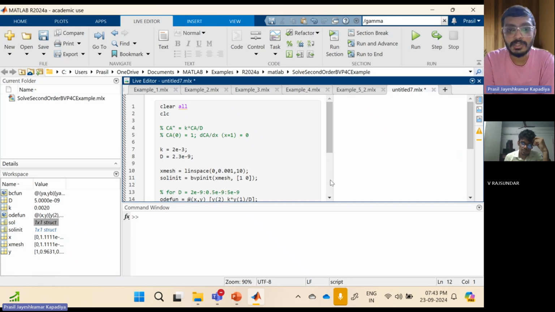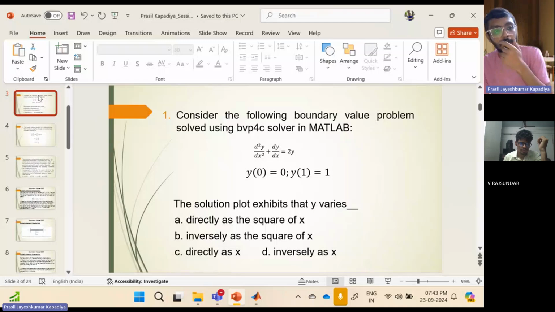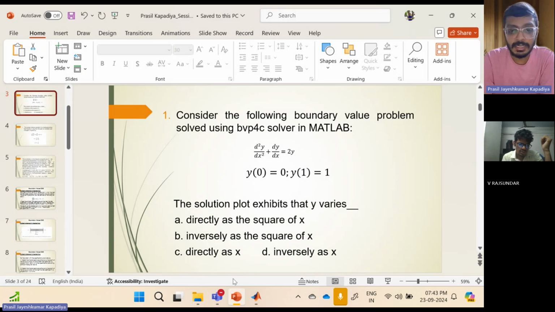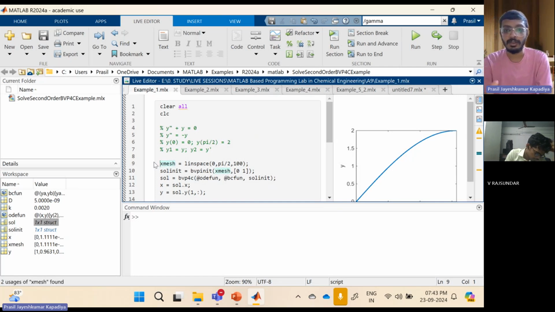Okay, so I will wrap up the boundary value problems right now. What we learned in today's class for boundary value problems: we learned some simple problems and how to solve them. To solve any kind of boundary value problem, first we need to define the x mesh, the size of x that we are willing to take.